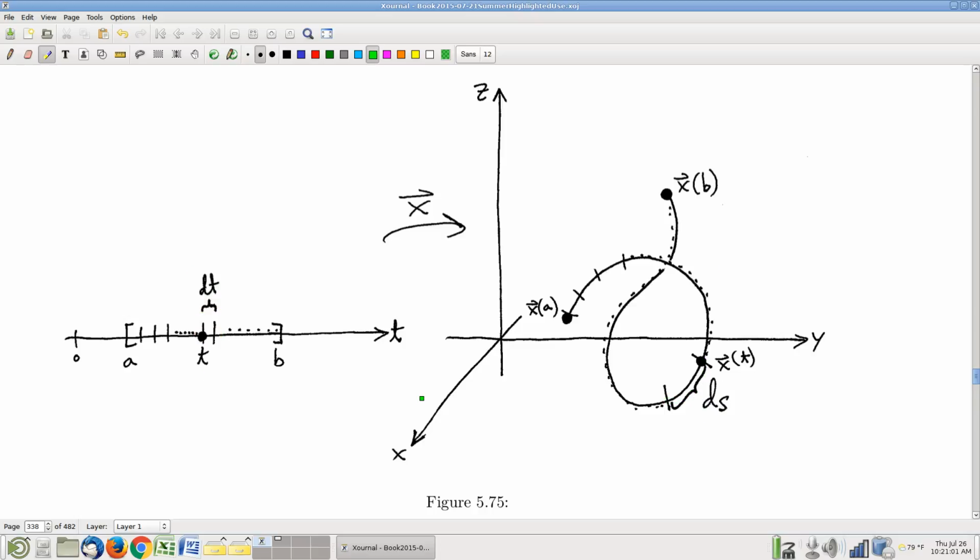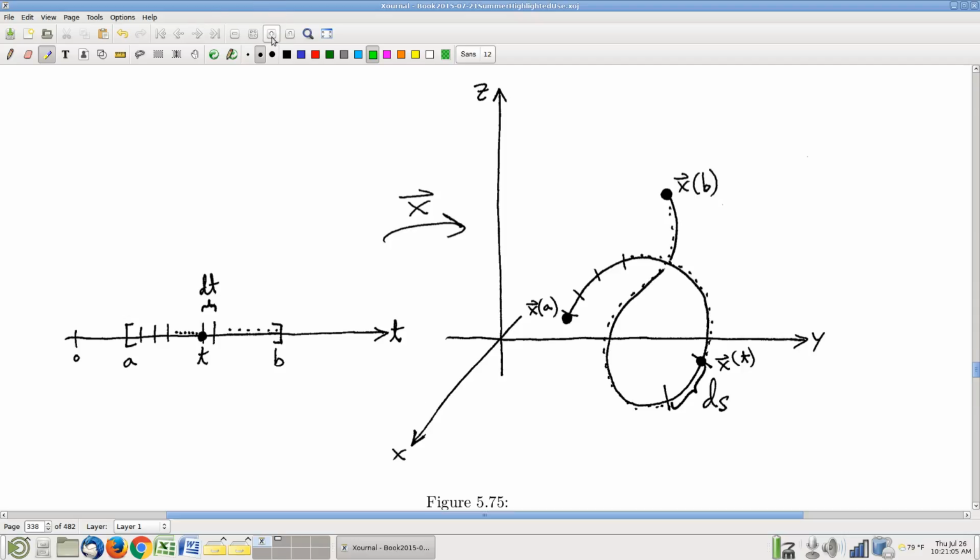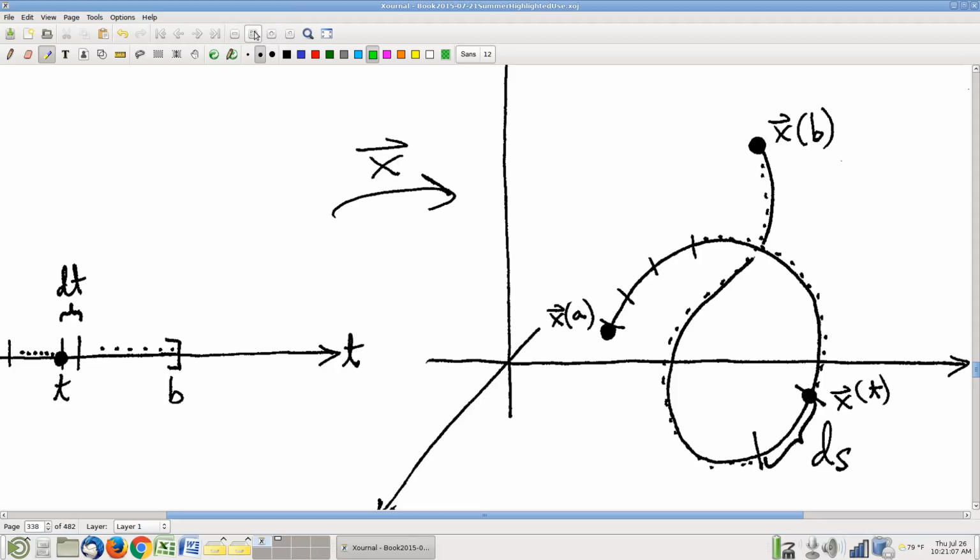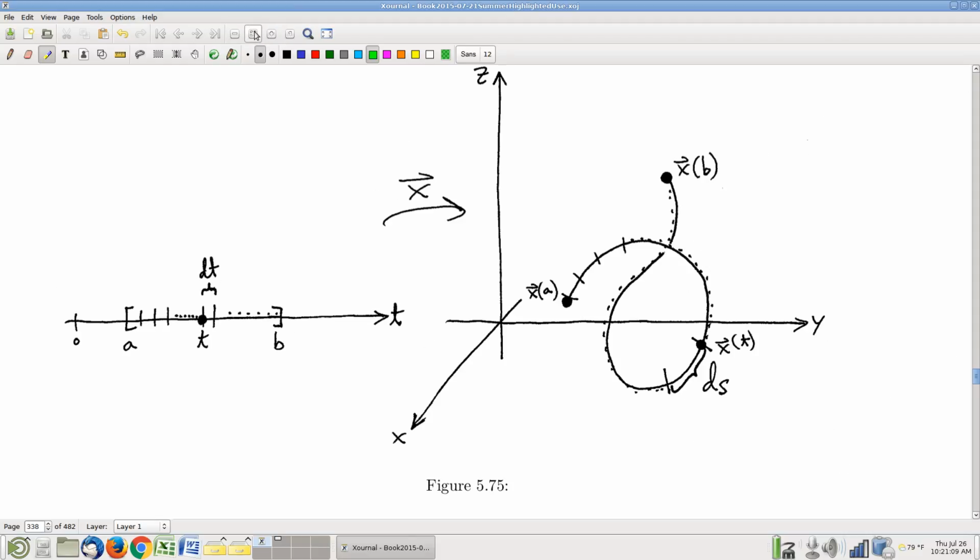Okay, so we're going to get this by computing ds. This is a pretty straightforward calculation. Because the opportunity is here, I'm going to introduce a new object called the dx vector. It's this vector here. It's just a differential of the parameterization x.